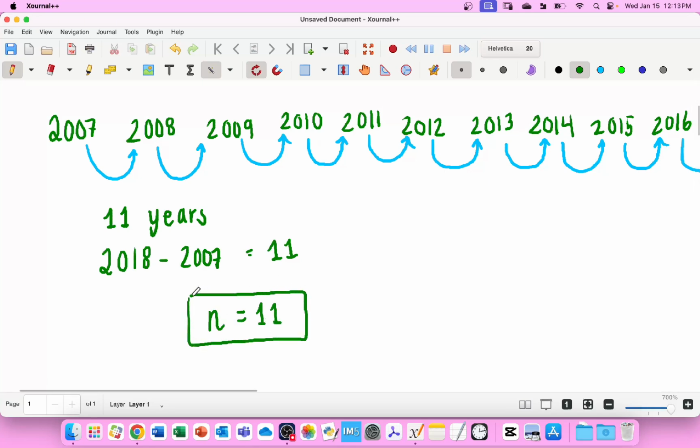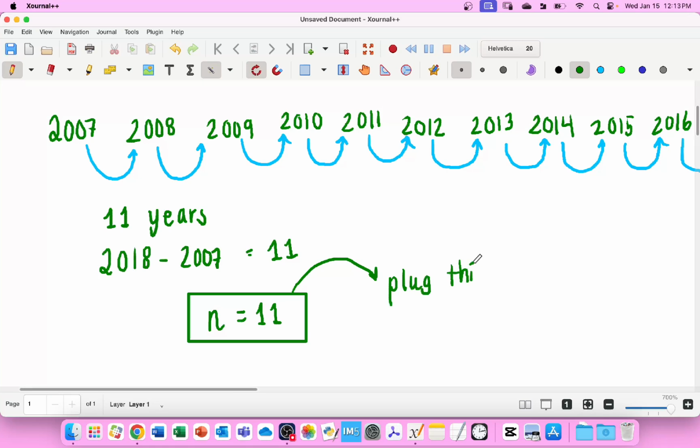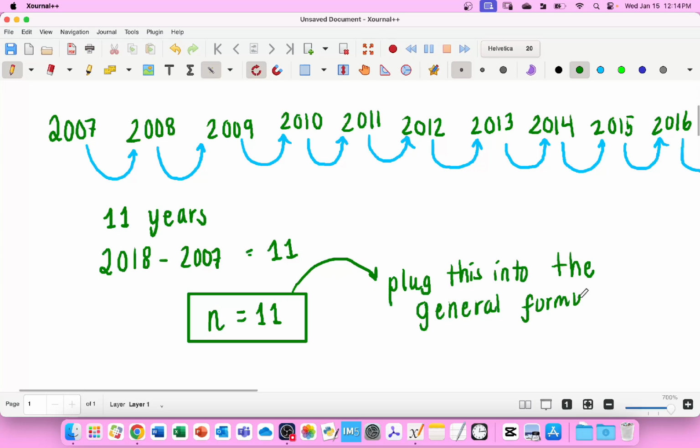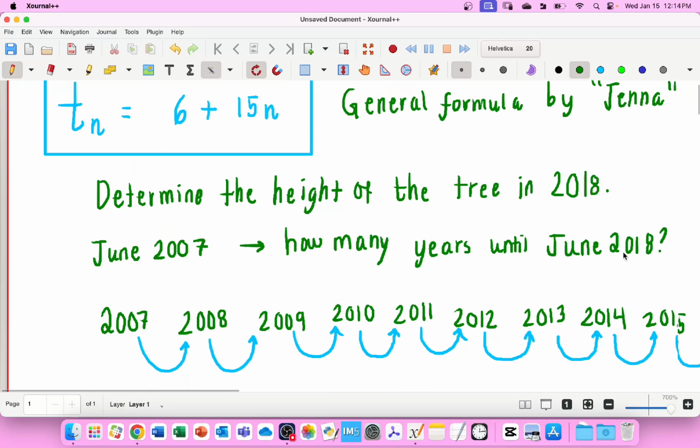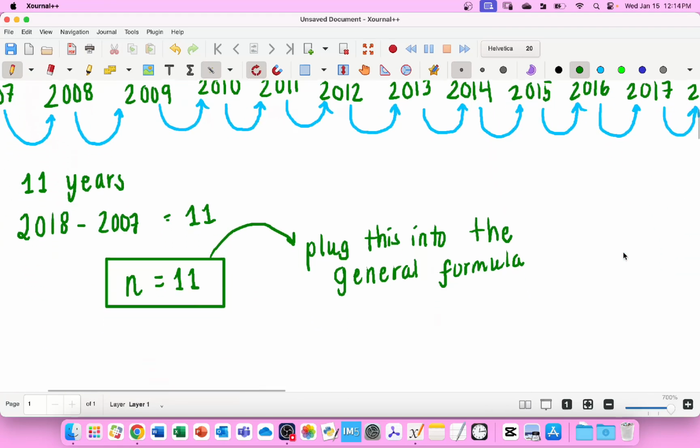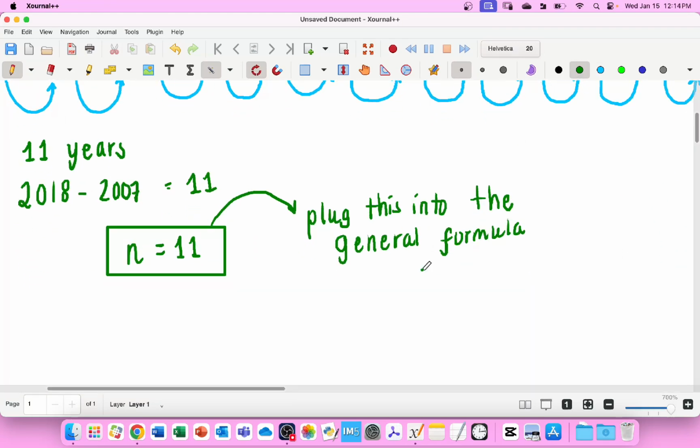Then I want to plug this into the general formula, which was Tn equals 6 plus 15n.